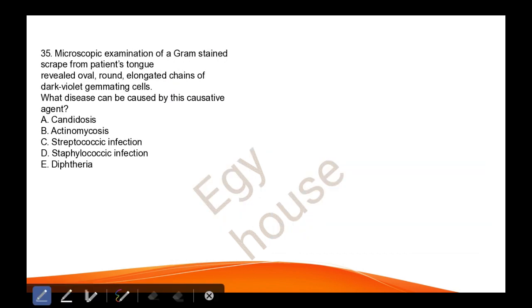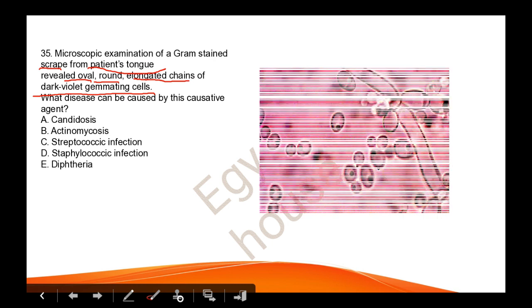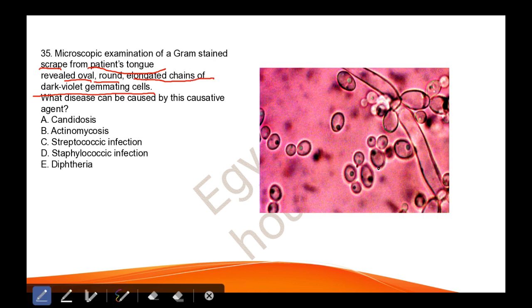Here we had a patient from whose tongue we took a scrape, and the scrape microscopically revealed oval, round, and elongated chains of dark violet germinating cells. Here is the microscopic smear or slide of candidosis.